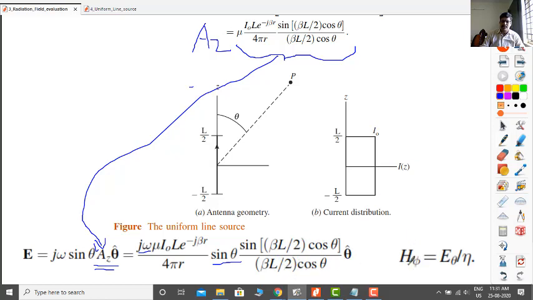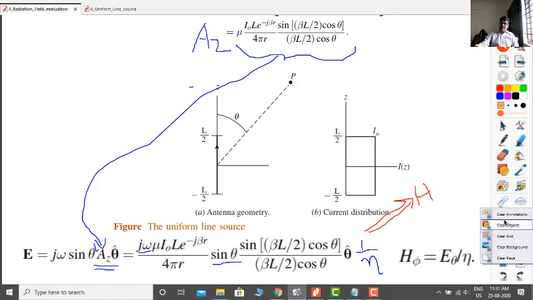Next thing is, we have to compute the magnetic field. For the magnetic field, H phi equals E theta by eta. We know the E theta. The only thing is, you have to divide this entire term by eta, or multiply the entire term by 1 by eta. The field or the electromagnetic wave is propagating along this direction in spherical coordinates.